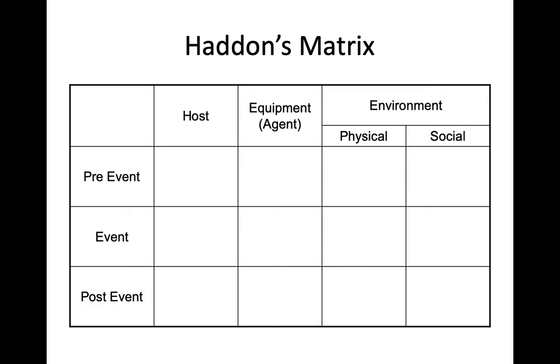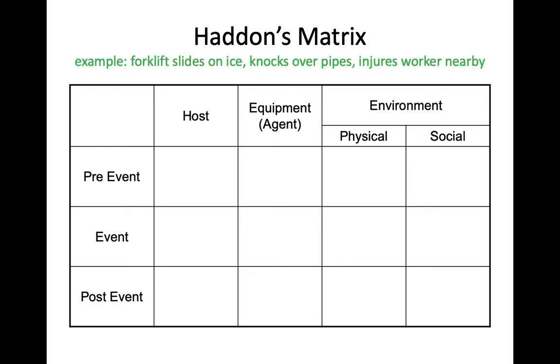So if we go through an example of, say, a forklift that slides on ice and knocks over pipes and injures workers nearby, how would you go about filling out this diagram?